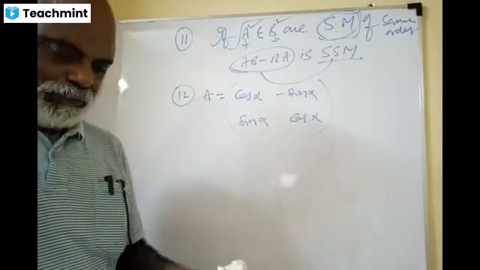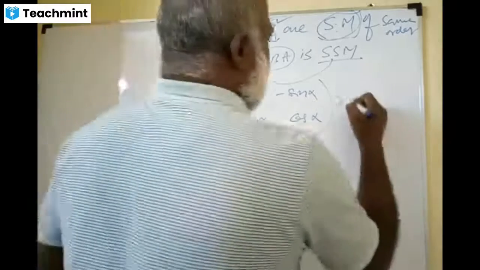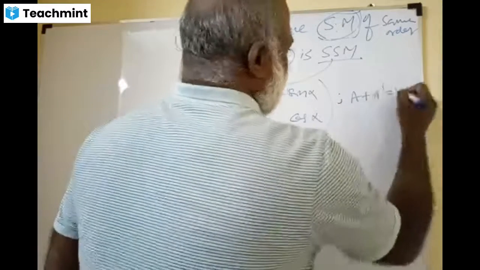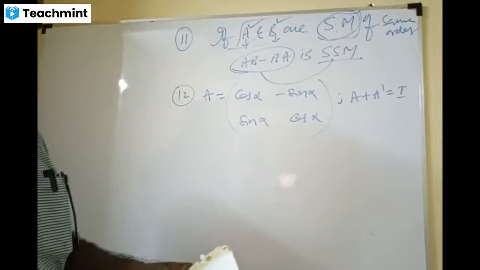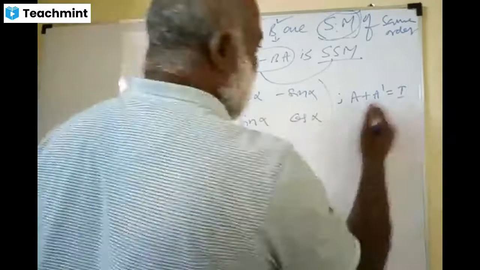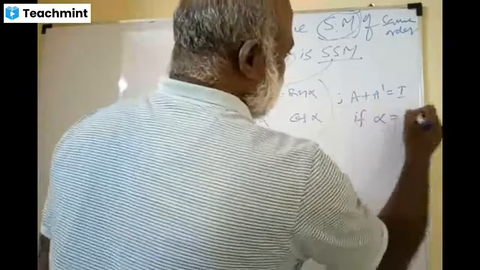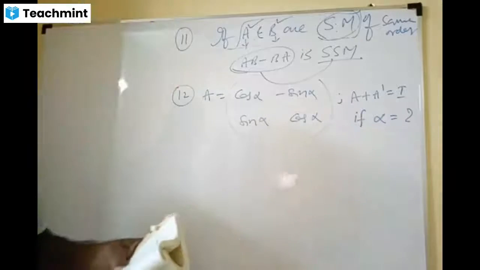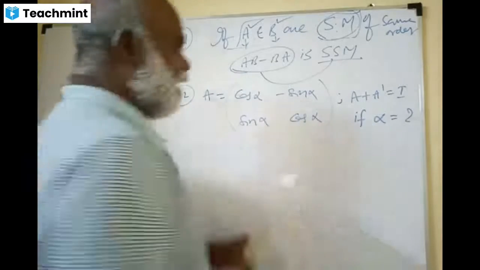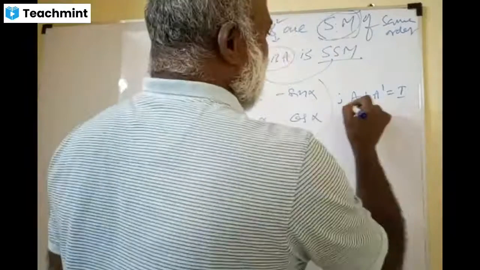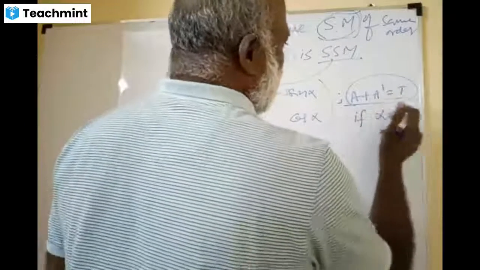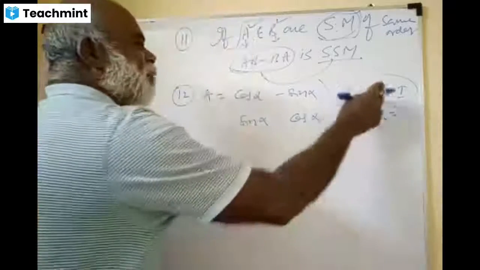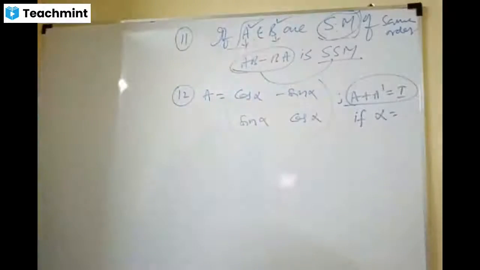A plus A dash is I. A plus A dash is I if alpha is what? The value of alpha, A plus A dash becomes I only when alpha is what? A plus A dash will be an identity matrix.